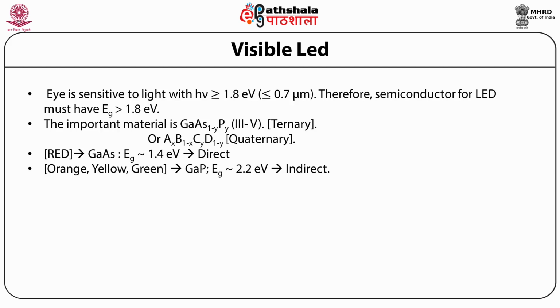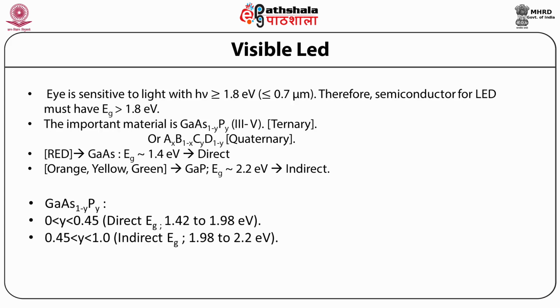Therefore, if we discuss this in the context of gallium arsenide 1 minus y P y, for y between 0 and 0.45, we have the direct band gap, 1.42 to 1.98, and if y is between 0.45 and 1, then we have the indirect Eg, that is 1.98 to 2.2 electron volt.